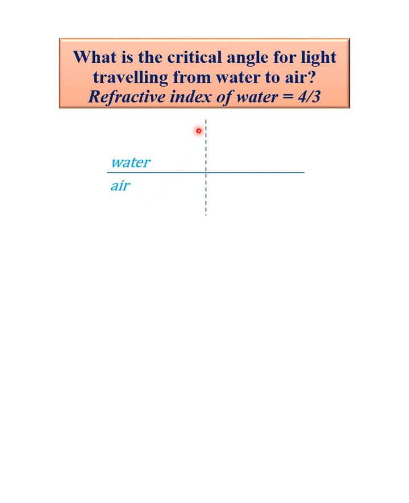Let's call this the normal to the surface of the two media. We can say that the incident ray travels from water in this direction, making an angle C with the normal. This incident angle is what we call the critical angle C. What is critical angle?